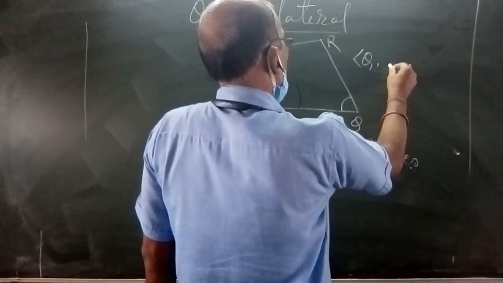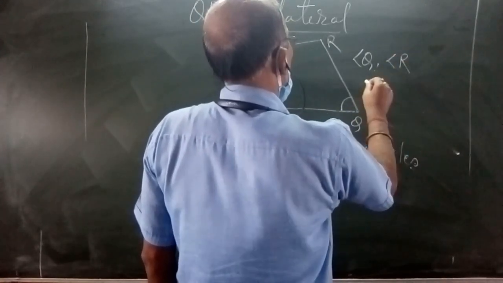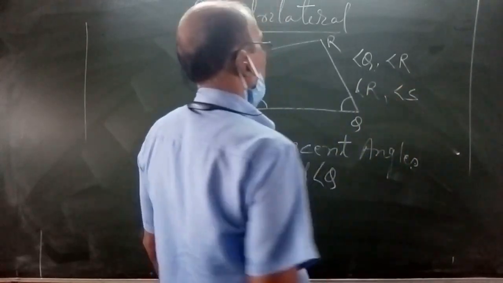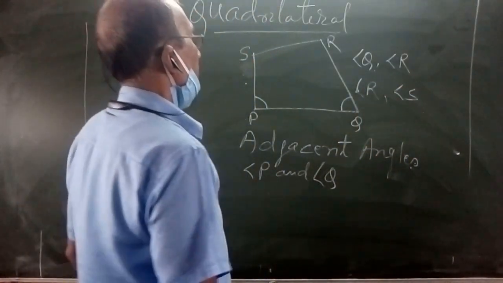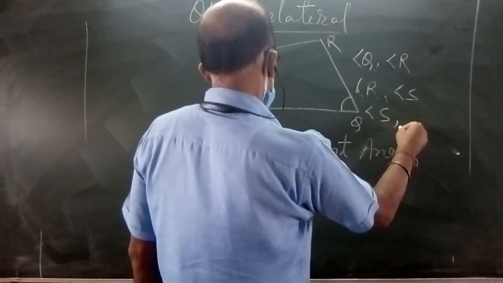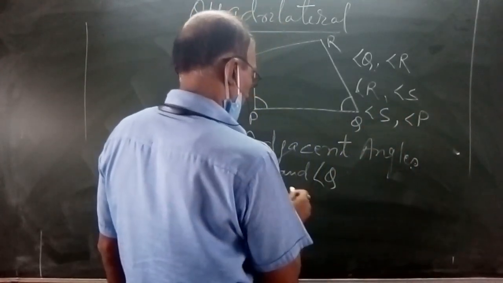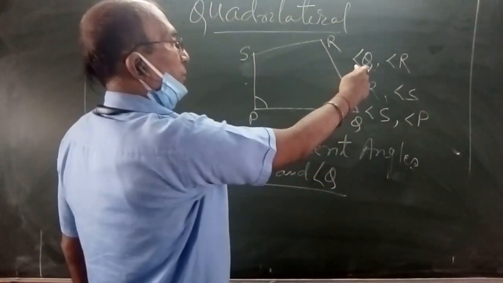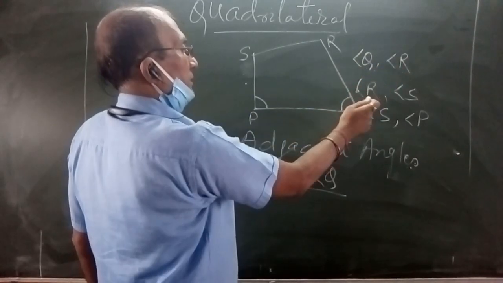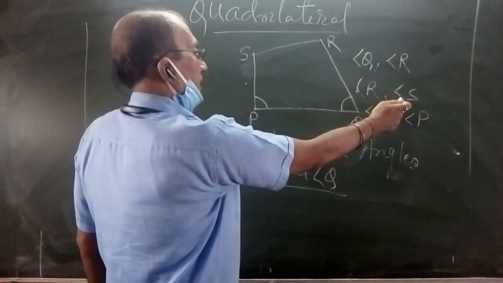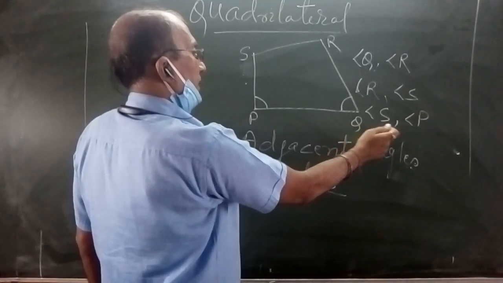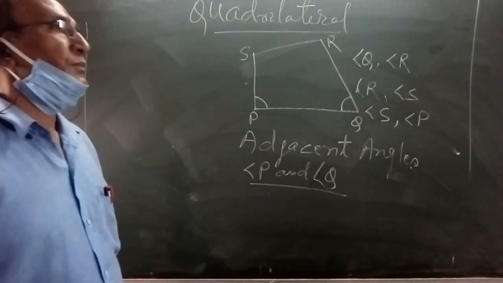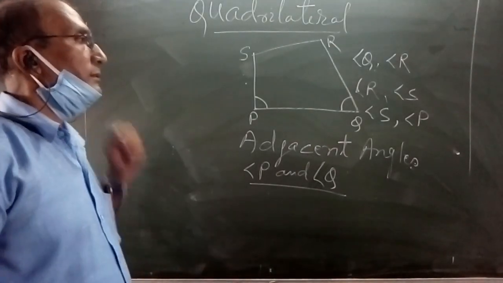One pair: angle P, angle Q. Second pair: angle Q, angle R. Third pair: angle R, angle S. And fourth pair: angle S and angle P. Both angles have one side common.